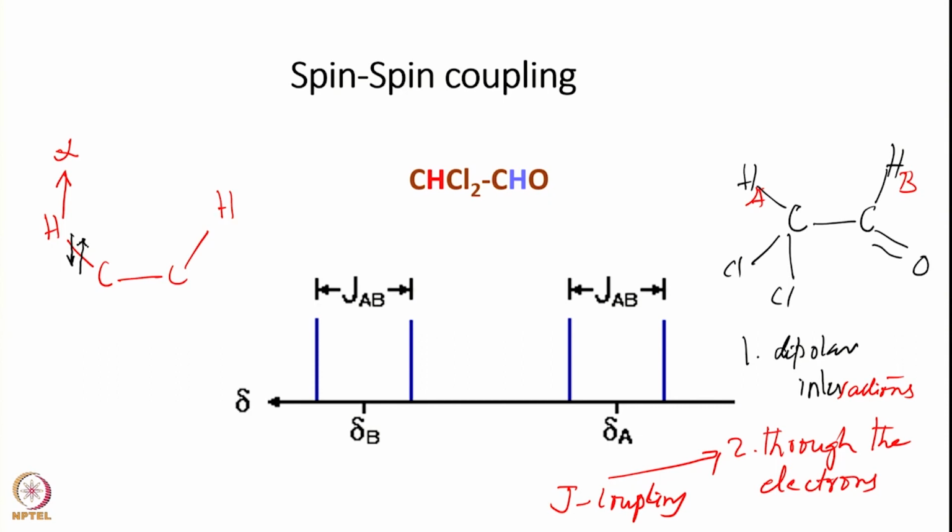Once this one is there, suppose this were carbon 13, suppose this is carbon, this also has a nucleus, and now it will orient this nuclear spin. I should use a different color here again. So, this is the magnetic nuclear spin, it orients it like this, and this in turn orients the electron here, it will put in this direction, and the pairing electron it puts in this direction.